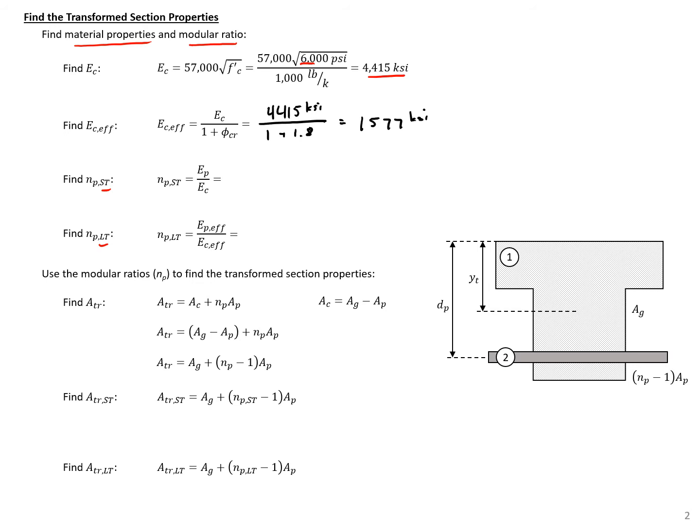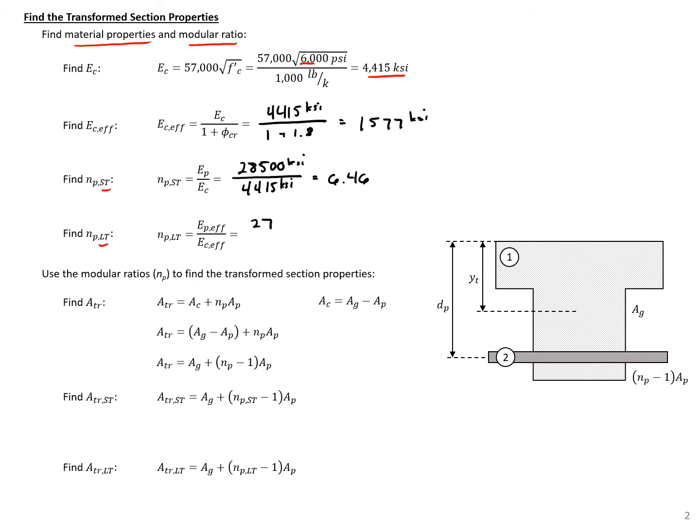Next, we can use our modulus for our pre-stressing and our modulus for our concrete to find our short-term modular ratio. So we have 28,500 ksi divided by 4,415 ksi, which will give us a modular ratio of 6.46.